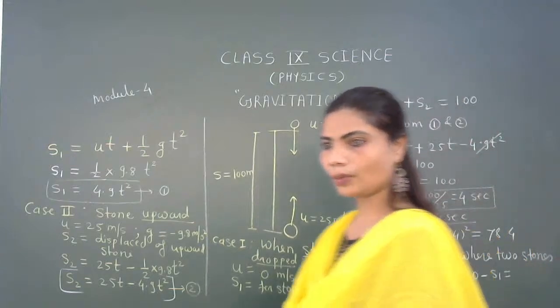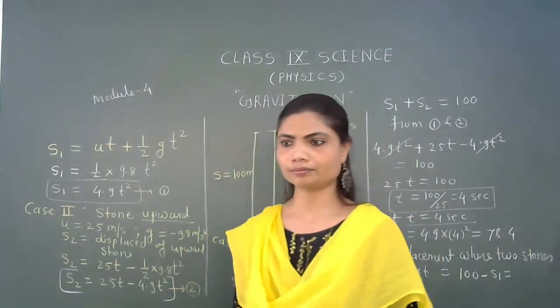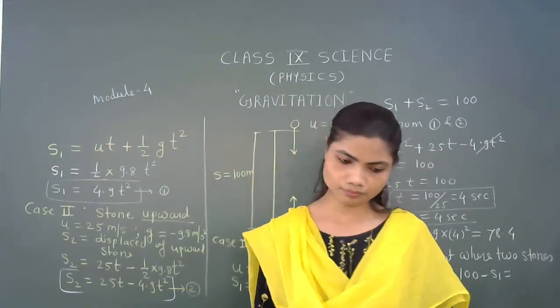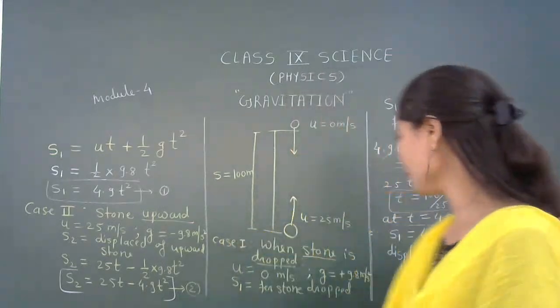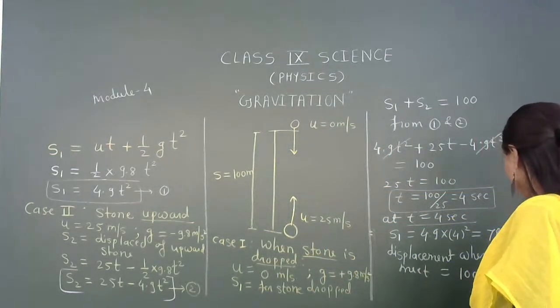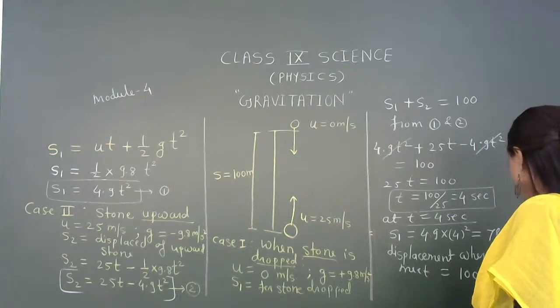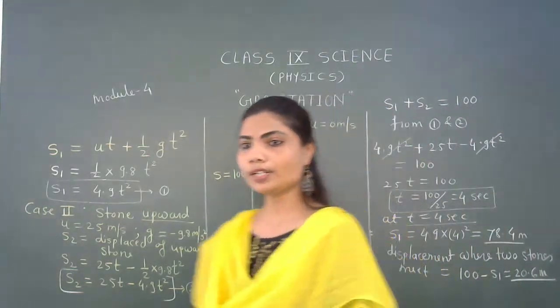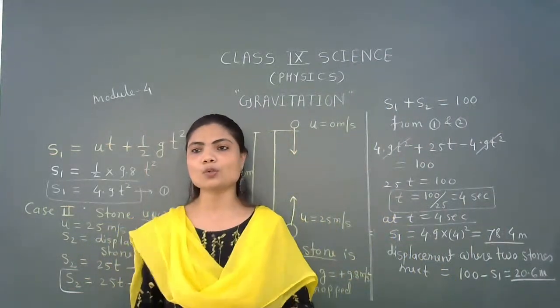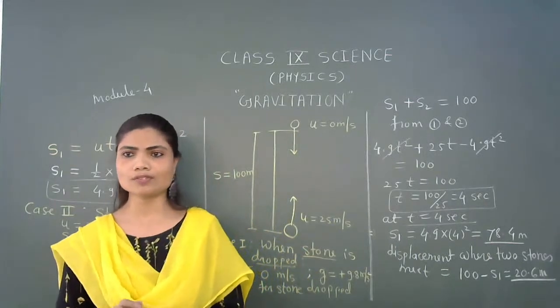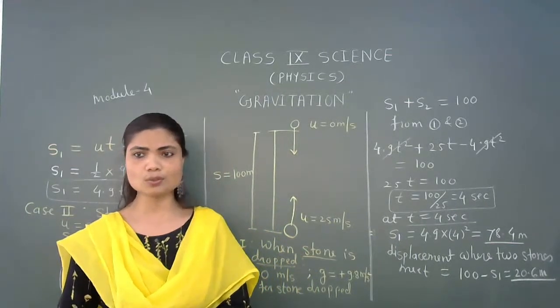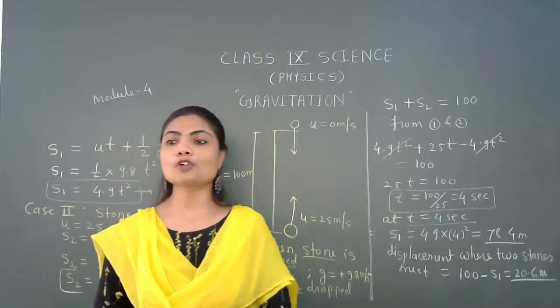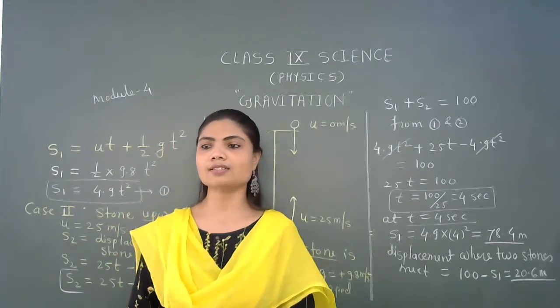Yes, Aditya, now explain. Very good. So it will be considered as 20.6 meters. So you cannot directly write the answer for where. You have to initially find, using one of the equations, what S1 or S2 is, and then you can explain from the ground where they are supposed to meet.